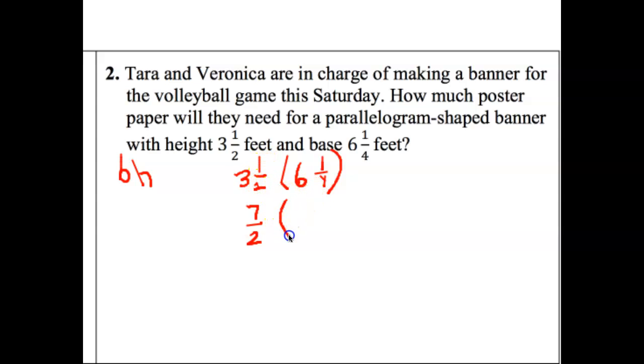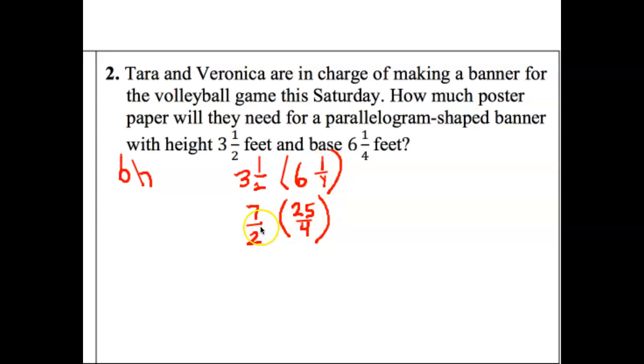And we're going to multiply that by what is equivalent to 6 and 1/4 as an improper fraction. Answer that, please. Very good. That's going to be 25/4, because 6 times 4 is 24 plus 1 is 25.